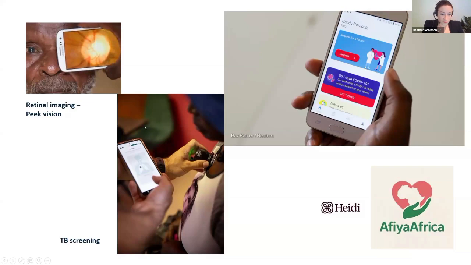This one is for TB screening. This is more of an app to be used by a doctor, in this case with a stethoscope. So there are tools specifically for doctors to use in the field to increase their capacity to do diagnostics remote from the clinic, for example.